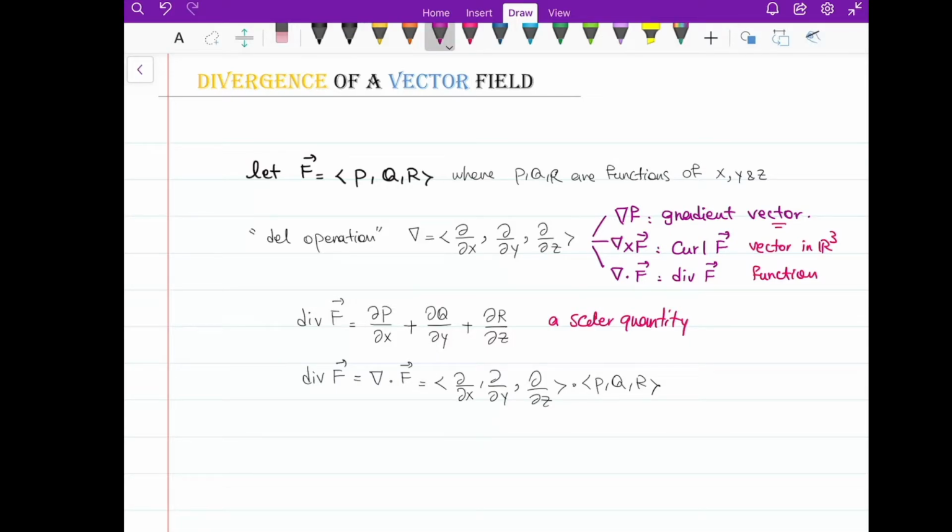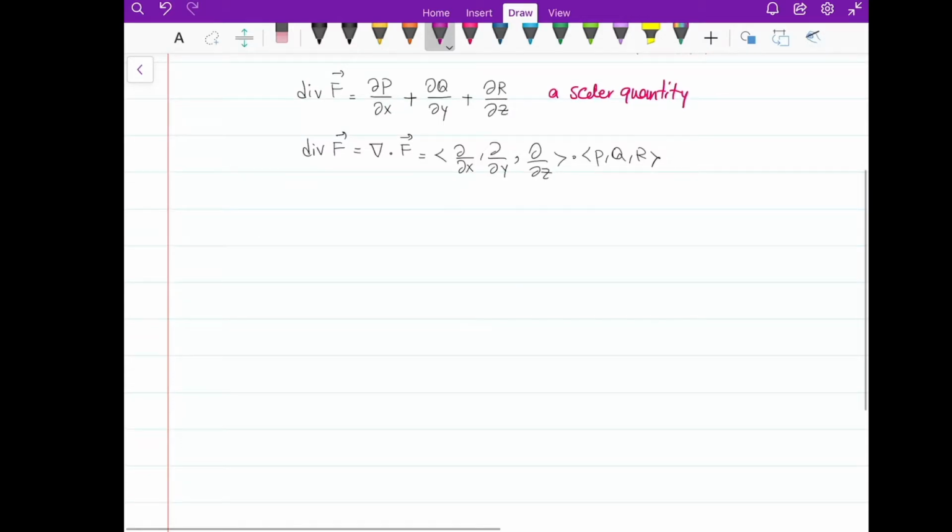Let's look at one example to see how it works. So example 1, divergence of a vector field F, where the vector field F is negative e to the xy. The second coordinate is xyz, and the third coordinate is ln x z squared.